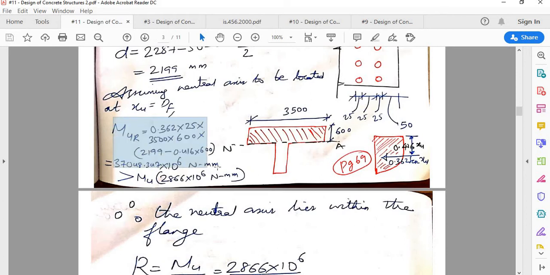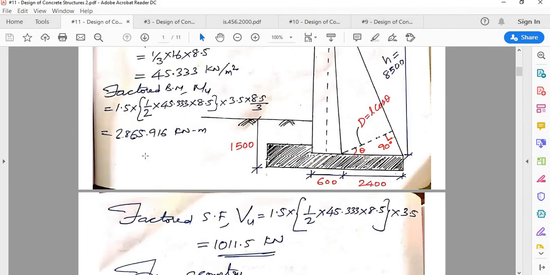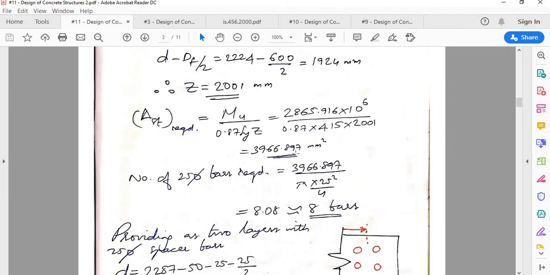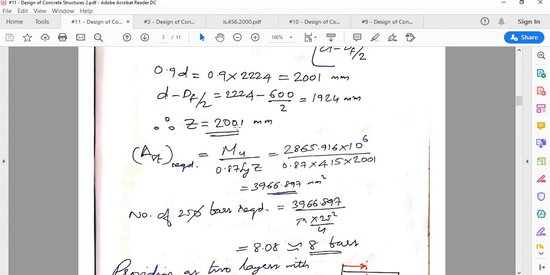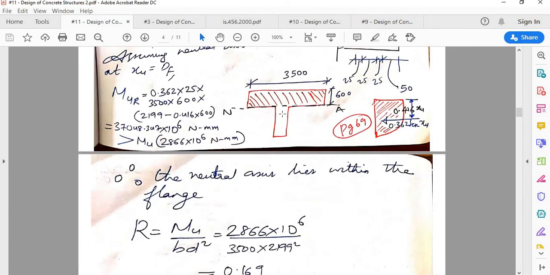So you calculate the moment of resistance, and the moment of resistance comes out to be more than the actual moment. So remember, this is the actual moment, and the moment of resistance comes out to be greater than the moment that you have calculated. Okay, which means the neutral axis lies within the web.